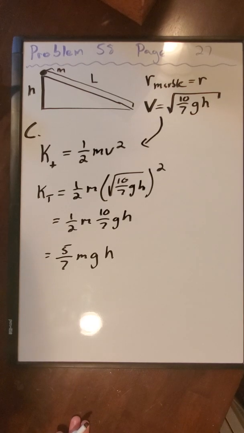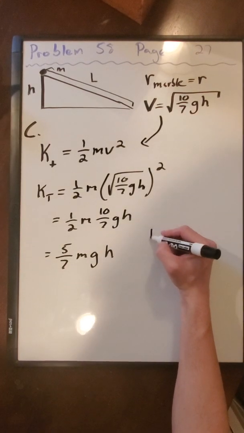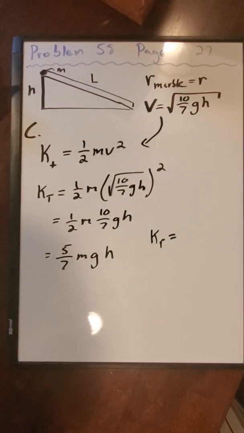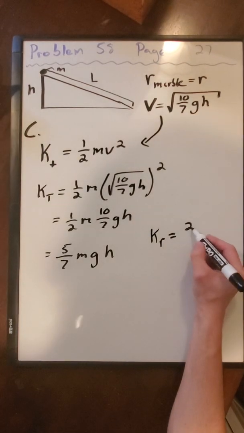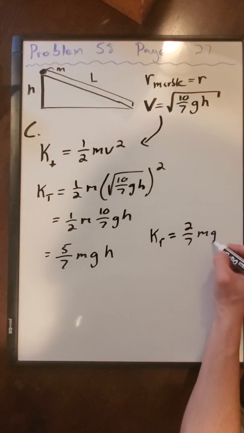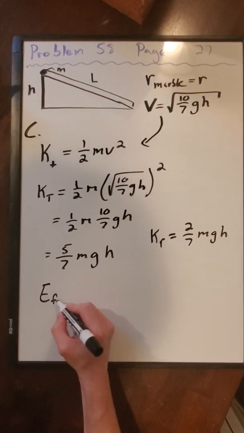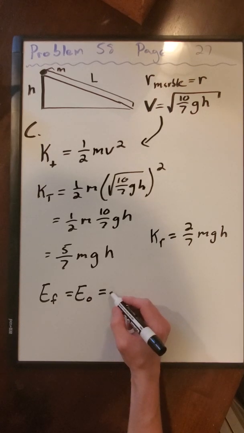And the cool thing here is that whenever we add these two together, so let me rewind a bit because that was a little confusing. We found out that our rotational kinetic energy is equal to 2/7 times the mass times gravity times height. And we know that our final energy has to equal our initial energy, which is mgh.